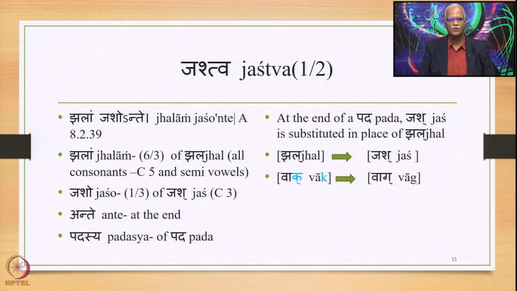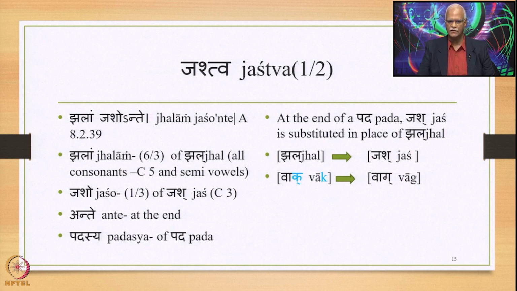This sutra has got 3 padas: jhalam, which is 6/3 of jhal, that is all consonants minus nasals and semi-vowels. Jasho is 1/3 of jash, and jash means consonant 3 of the class, that is ja, ba, ga, da.